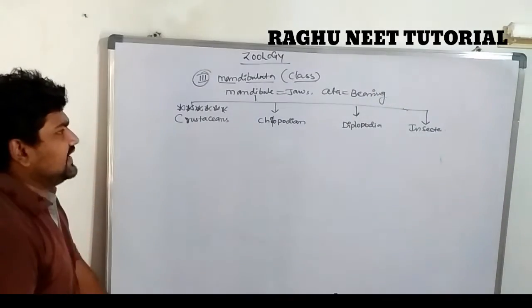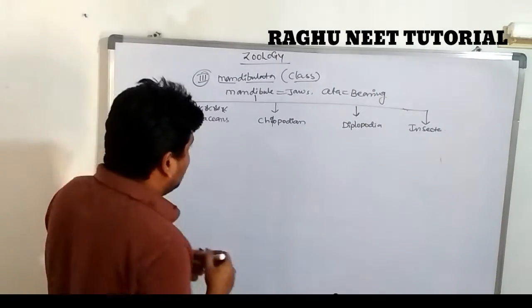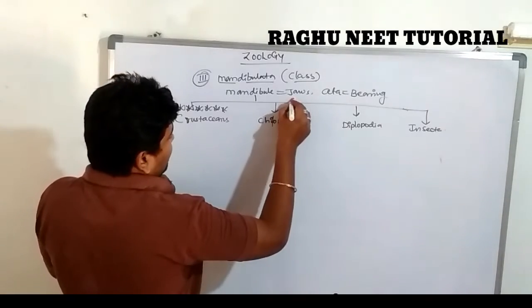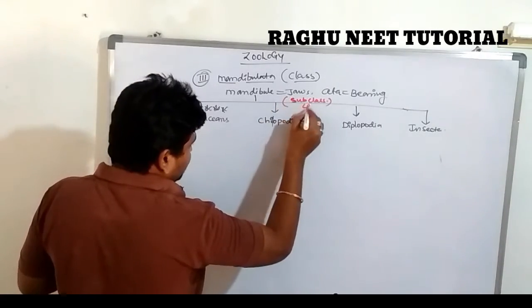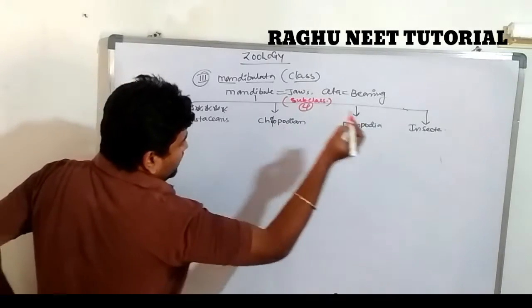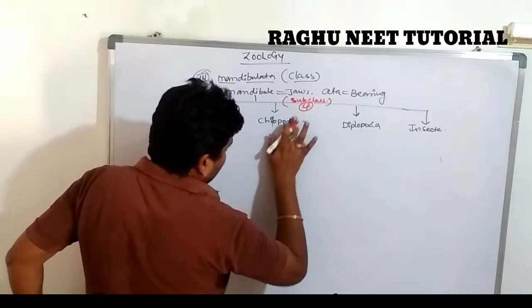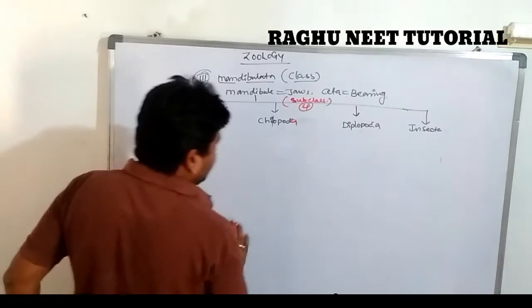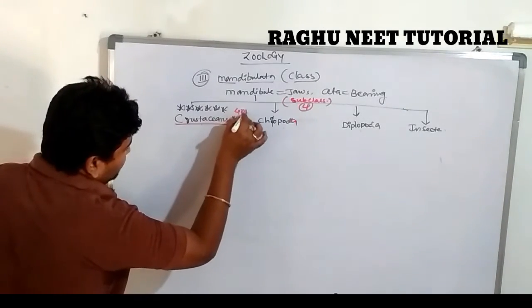The 4 subclasses are there. This is one class and the remaining are known as subclasses. What are they? Crustacea, Chilopoda, Diplopoda and Insecta. Not podia, poda. First one is Crustacea. Very, very important in the examination for 4 marks.